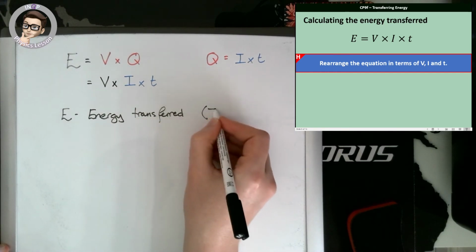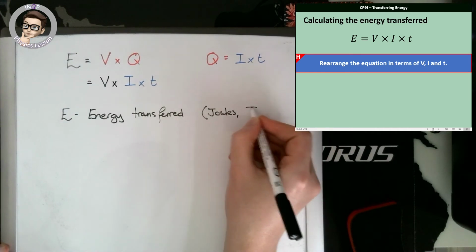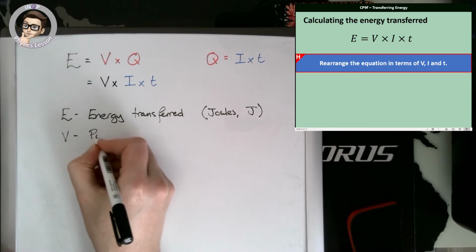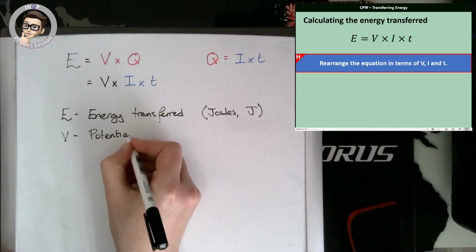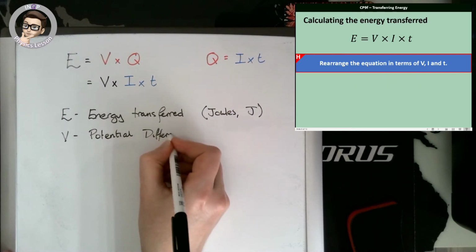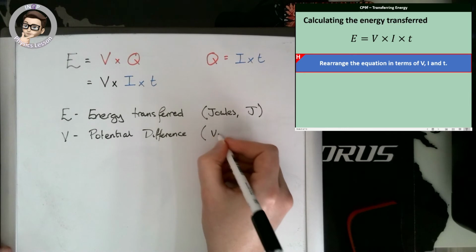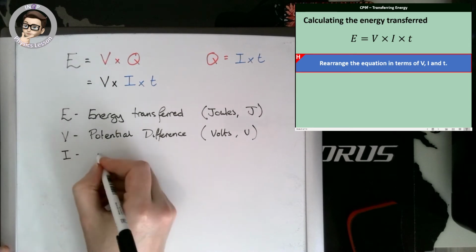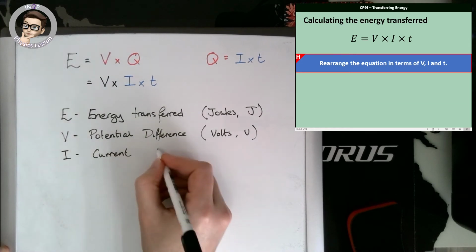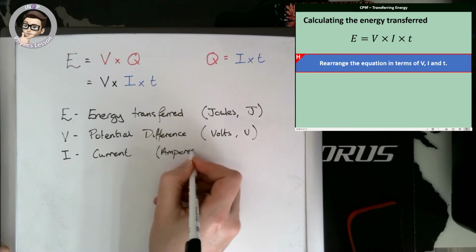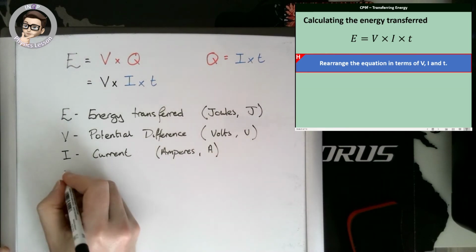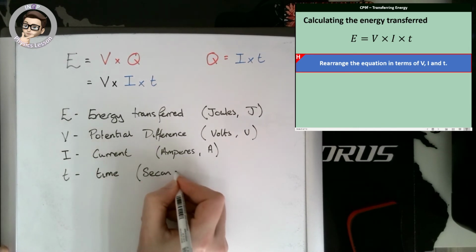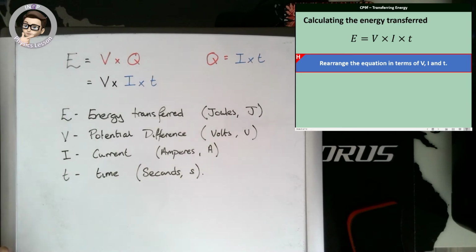And that obviously is in joules, capital J. V, as we've learned so far, is the potential difference, and that is in volts, or V. I is the current, and that is amperes, or capital A. And T is the time, and we always measure time in seconds, or lowercase s.